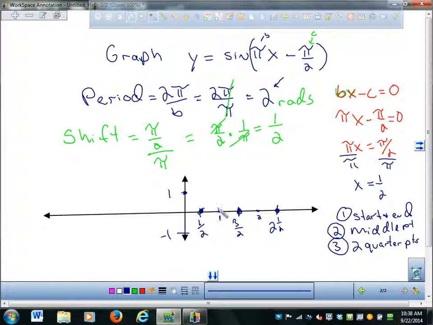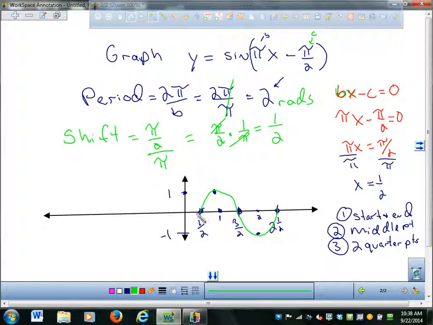So I'm going to put a point at the quarter point where you have a maximum and a minimum at the other quarter point. Then using that, you could draw a nice smooth curve starting here, going up and down to here and then up. And that is one cycle of this graph.